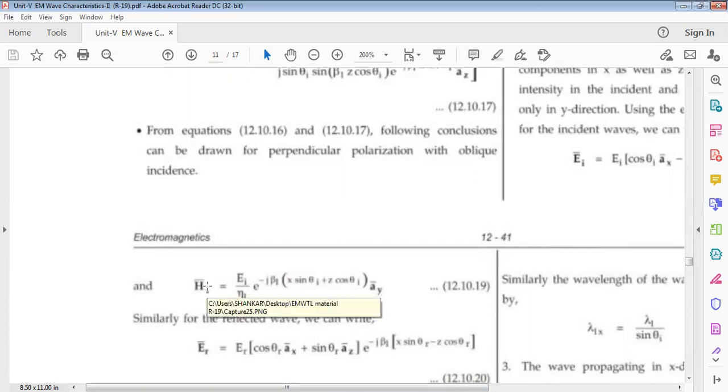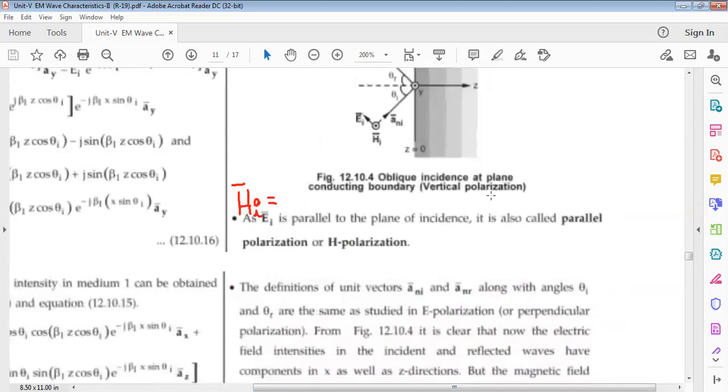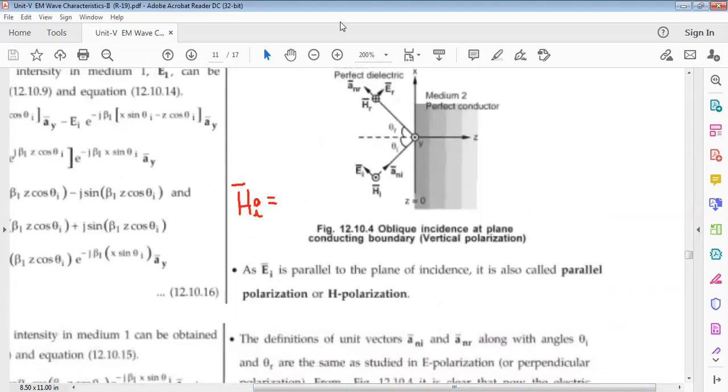So HI bar is equal to, see in the diagram itself. Draw a perpendicular line here. So the HI bar is in this direction.